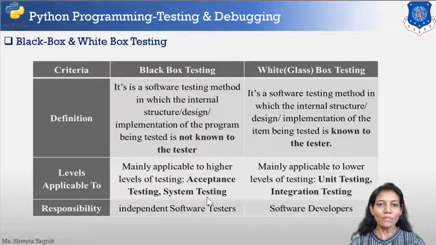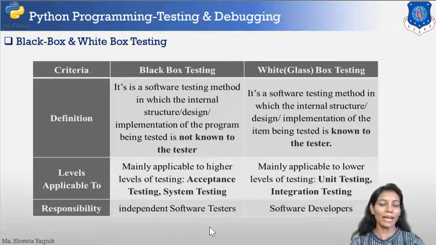In case of white box testing, you are doing unit testing, testing your small units as the development progresses. The responsibility of white box testing lies on the developer, because he is the only person who is aware of all the logic and all the design and implementation structure.